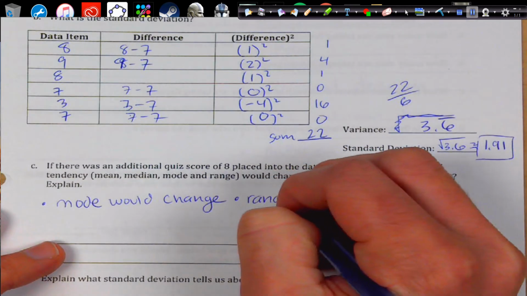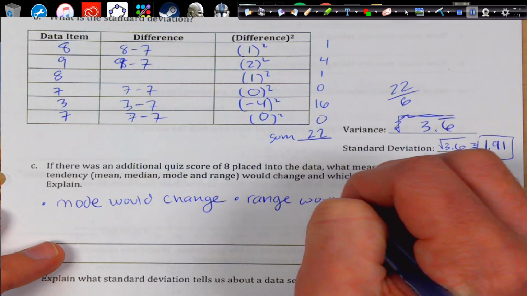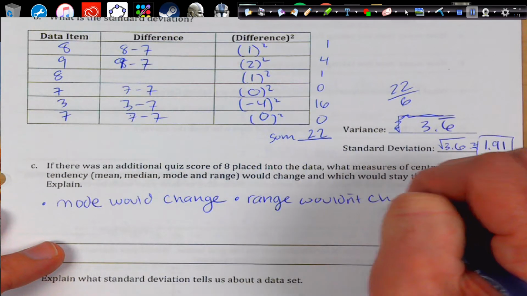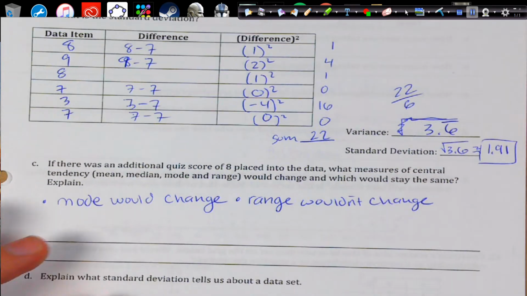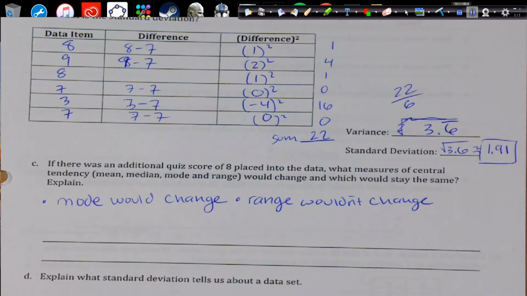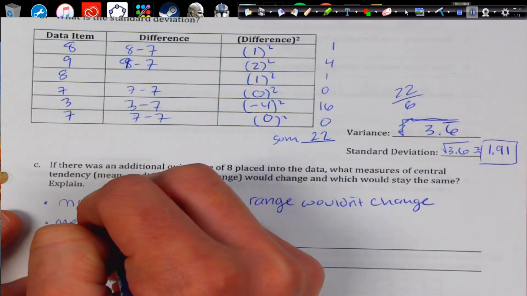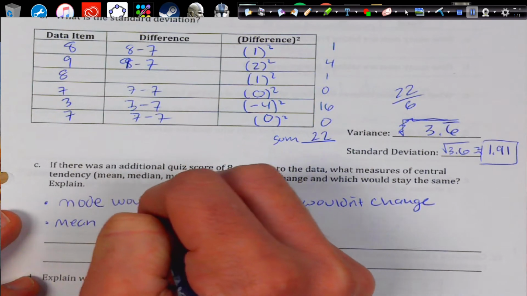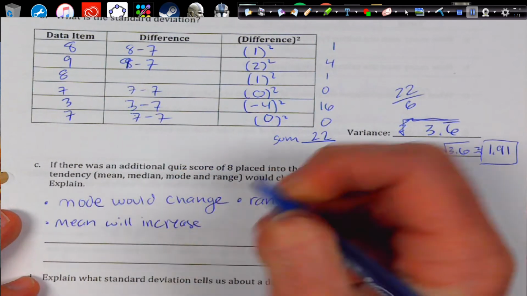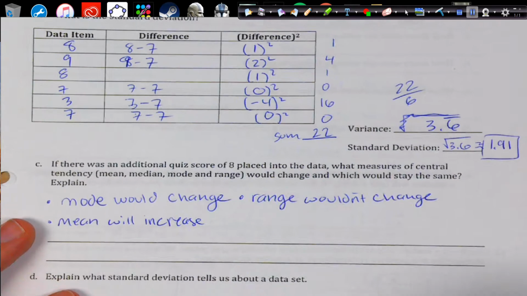Range would not, because 8 doesn't affect the min or maximum value. The mean, well, since the mean was 7, it's going to change. So the mean will increase, because if you're adding a value bigger than 7, then it's going to increase.